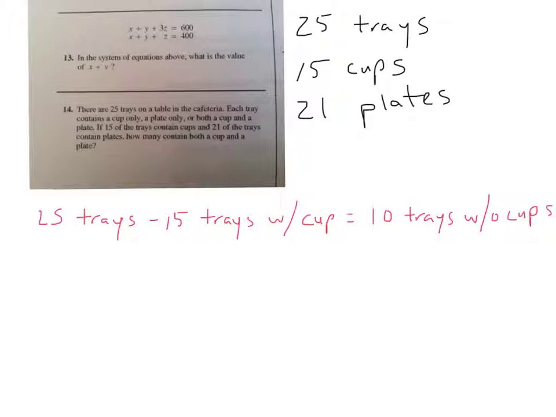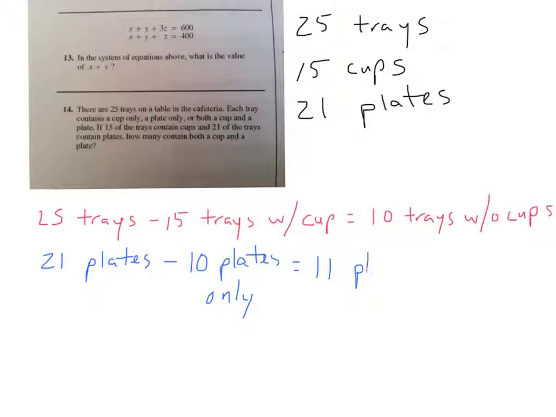So, out of the 21 plates, we know that 10 of those will go towards our 10 trays without cups, which will leave us with 11 plates that went to trays with cups. This means that our answer is 11 trays that contain both plates and cups.